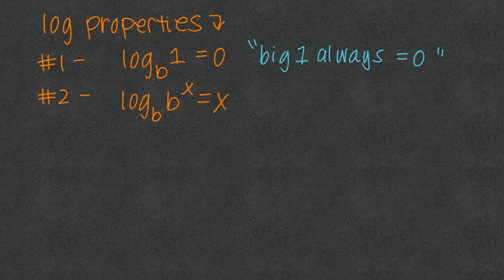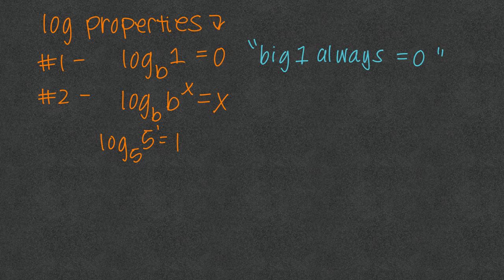If there's no exponent shown, that invisible exponent is 1. So log base 5 of 5 equals 1, because the exponent on the 5 is 1. It's just not shown.